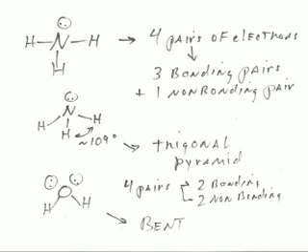Well, the 4 pairs of electrons go into a tetrahedron. We said that's the arrangement 4 pairs of electrons want to go into. But that's not the shape of the molecule, because there isn't anything hanging on the lone pair, and therefore we only see the 3 hydrogens and the nitrogen when we're talking about the shape.